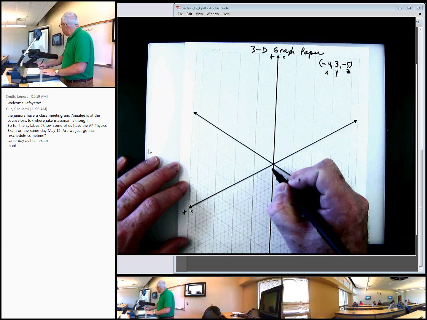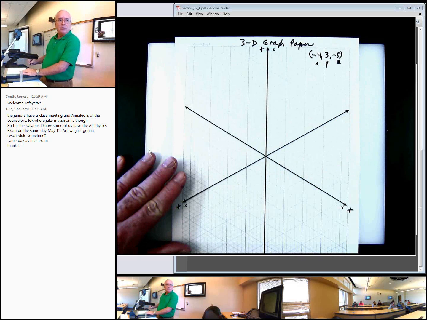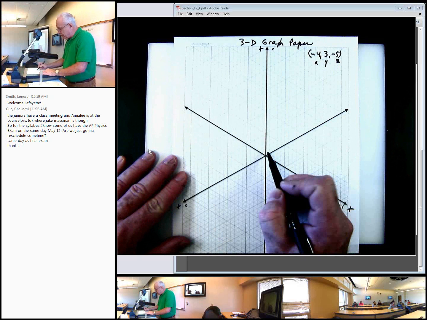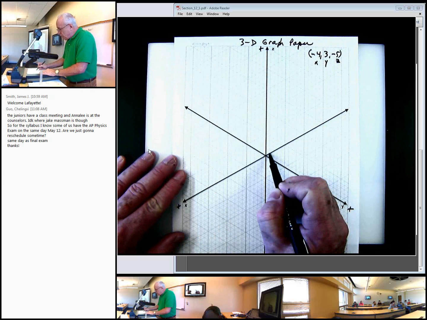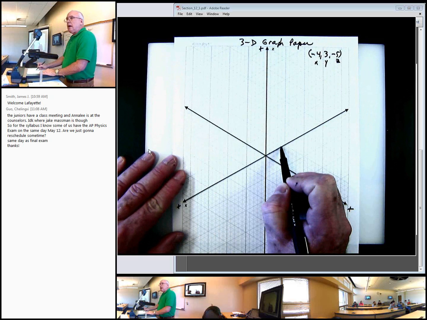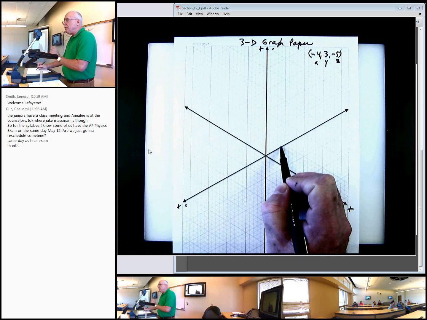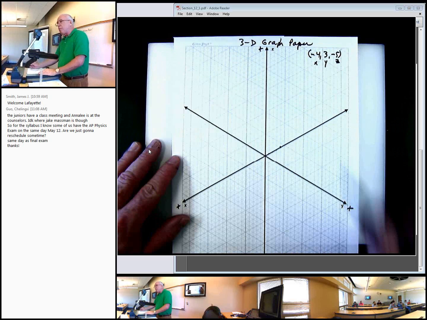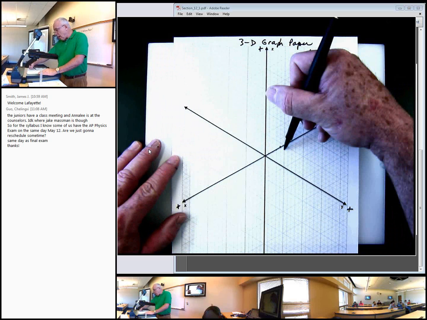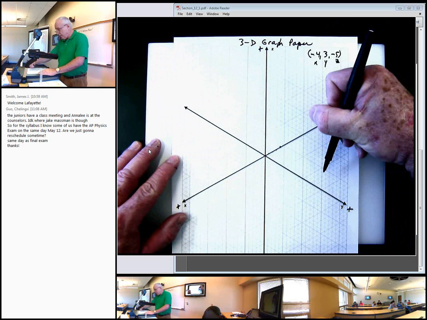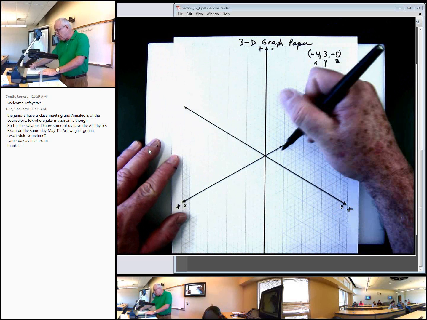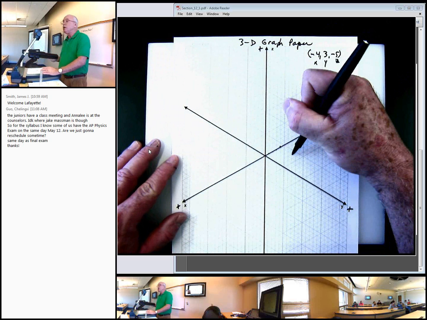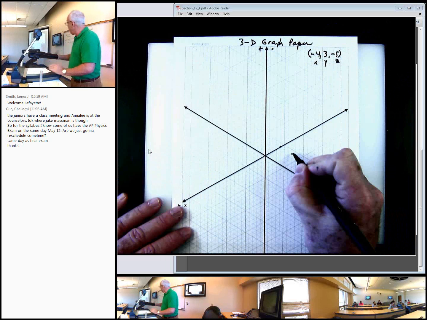I'm afraid the lines are too fine for you to really see the details, but I'm going back 4 along the X-axis, because it's -4. All right, so I'm at that point. Now I have a +3 for the Y. The Y is in this direction here, so I'm going to go 1, 2, 3 for the Y. So far I'm right there.